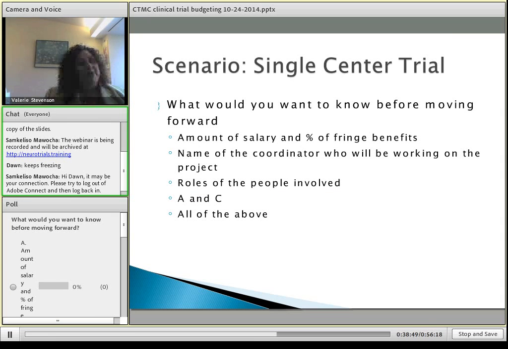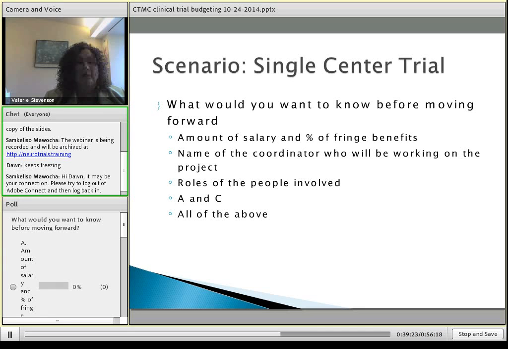The name of the coordinator who will be working on the project, well, first of all, you always want to know who you're working with. But when we're talking about the name of the coordinator, it may not be so important to know the name, but the level of coordinator that you need. For example, if you need someone who's going to be doing a certain procedure, like extracting blood or taking some type of samples, there may be somebody that requires some type of medical license, like a physician assistant or a nurse practitioner.